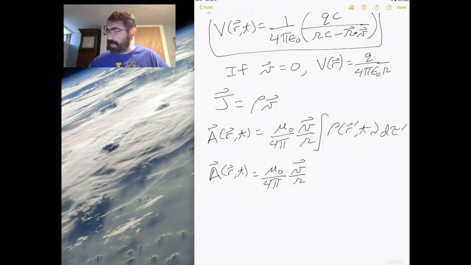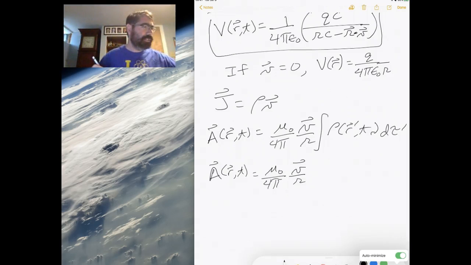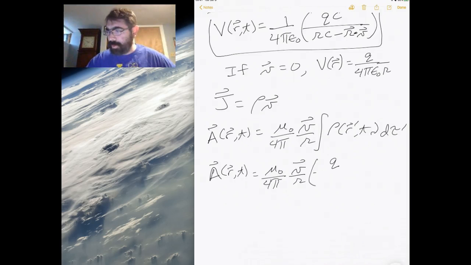I'm sorry, I might as well just put it in. So I get 1 over r, and then this gives me q over 1 minus r hat dot v over c. And when you do the exact same math we did before, we multiply the numerator and the denominator by c, and we multiply the r through into the parentheses.